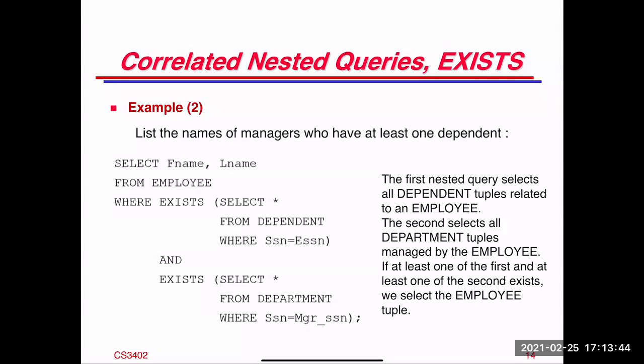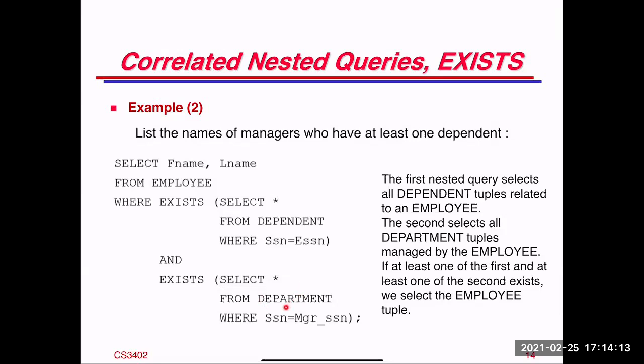Again, we have an outer query and two nested queries here that are correlated to the outer query. For each employee tuple, we're going to execute this, and this first nested query will select all the dependent tuples that are dependents of that employee, right? So we have this SSN equals ESSN condition here, just like before.